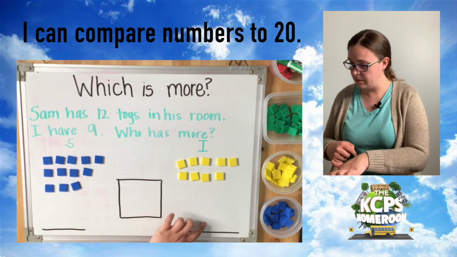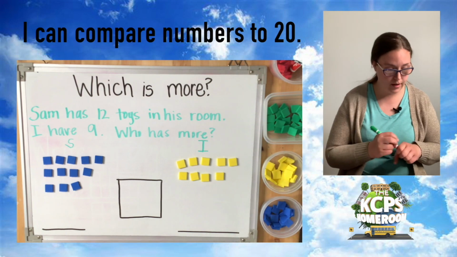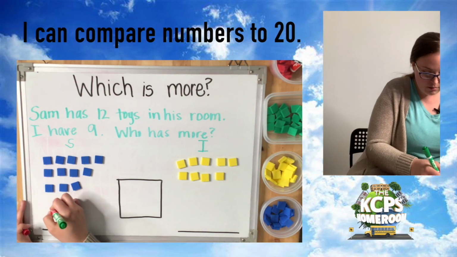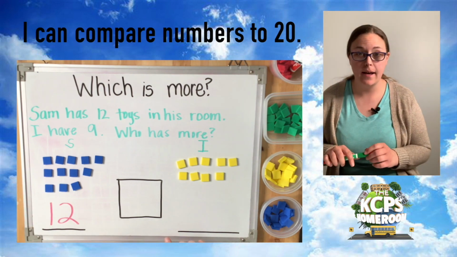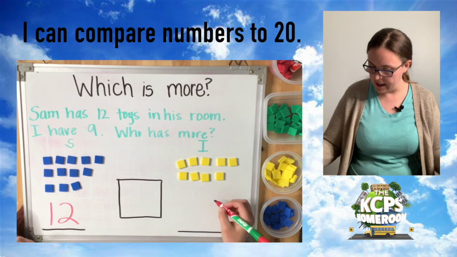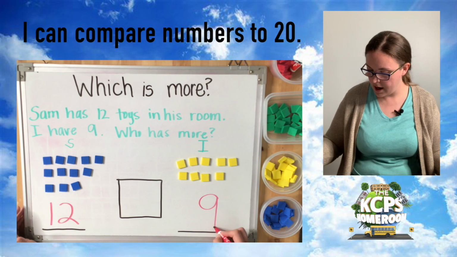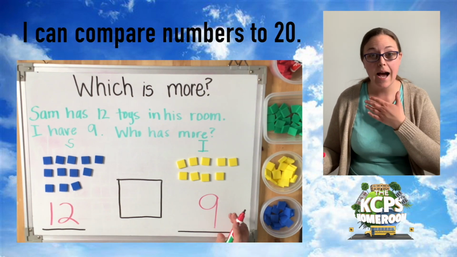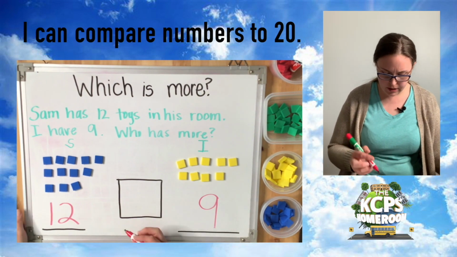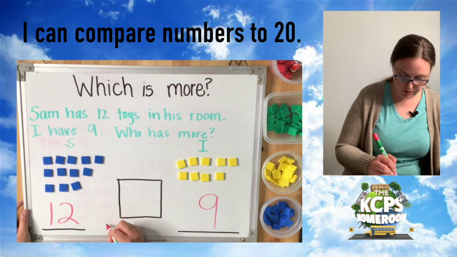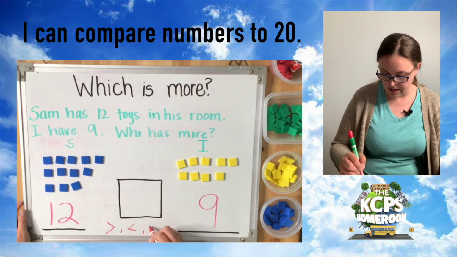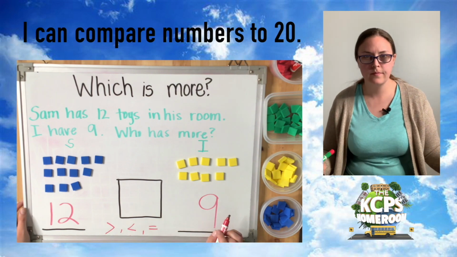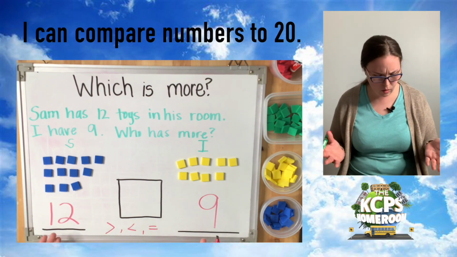So down here, I'm going to write a comparison statement. On this side, I'm going to write the number 12 because that's how many toys Sam has. On the right side, I'm going to write the number 9. That's how many toys I have. And in the middle, we are going to talk about the symbols greater than, less than, and equal to. So who has more?